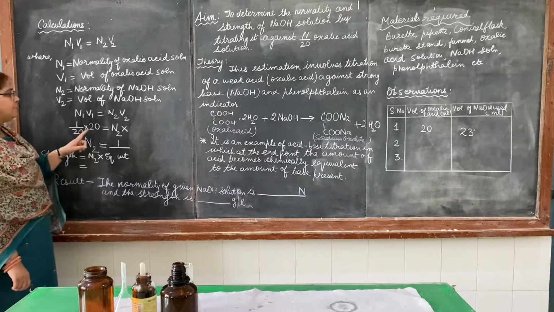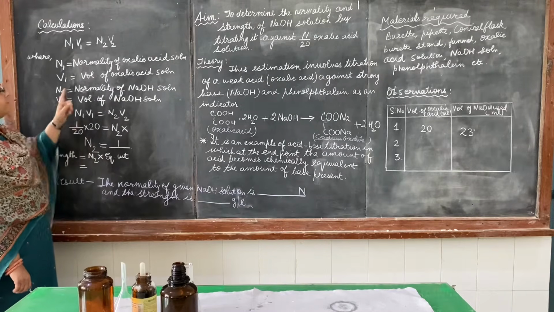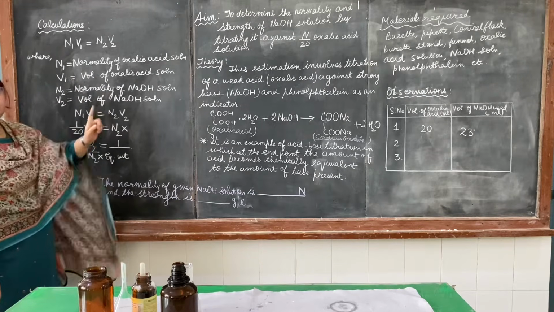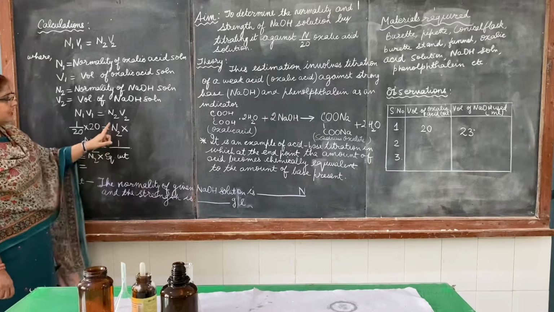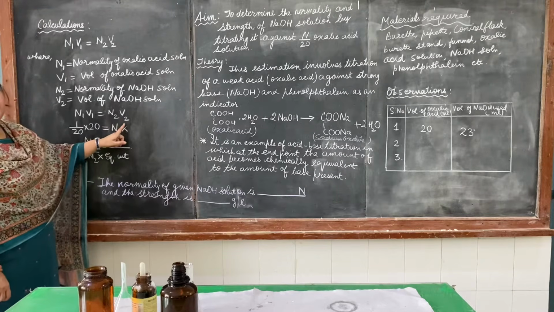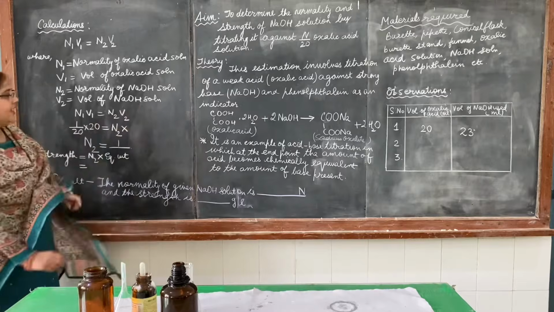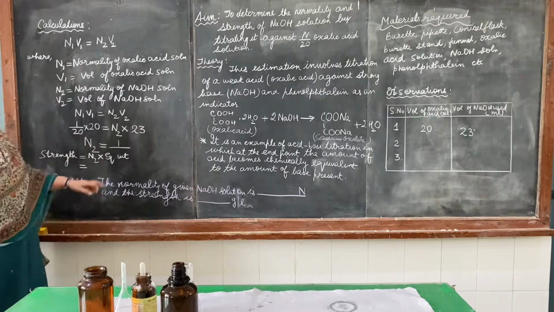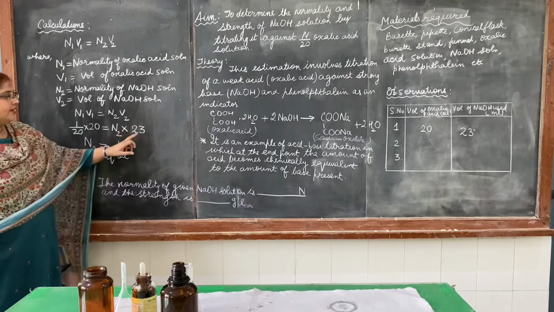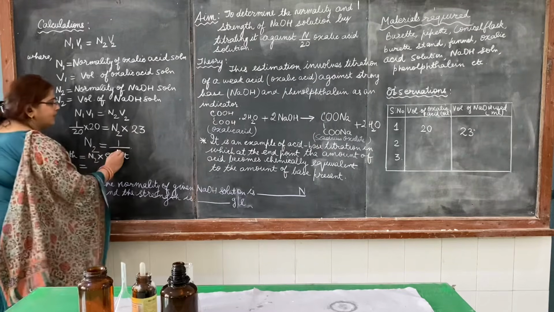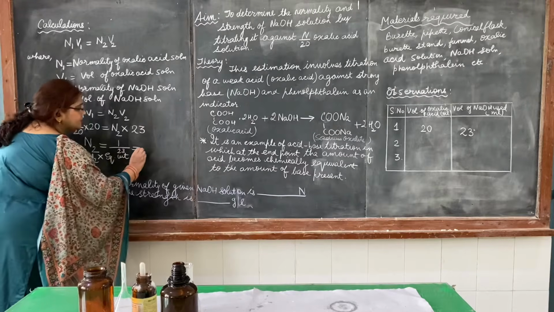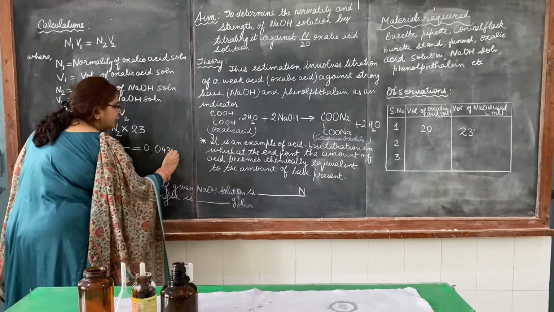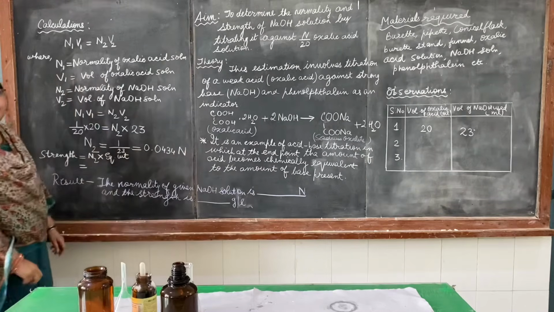Simply put the values: N1 for the oxalic acid is 1/20, volume we have taken is 20 ml, equal to N2 into V2, the volume of the NaOH, which here comes out to be 23. So N2 comes out to be 1 divided by 23, that is equal to 0.0434, and this is the normality.